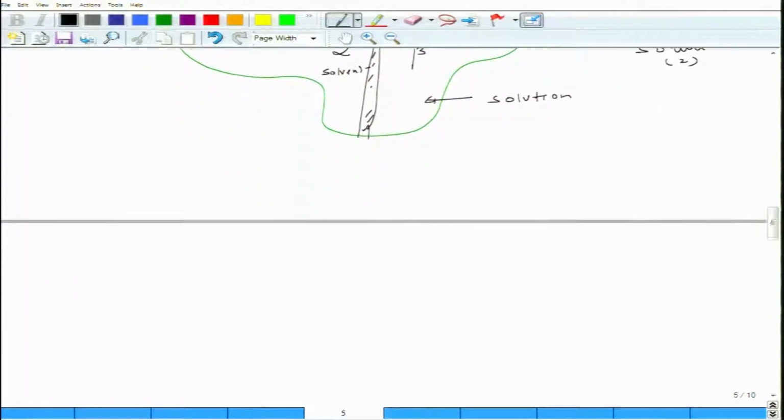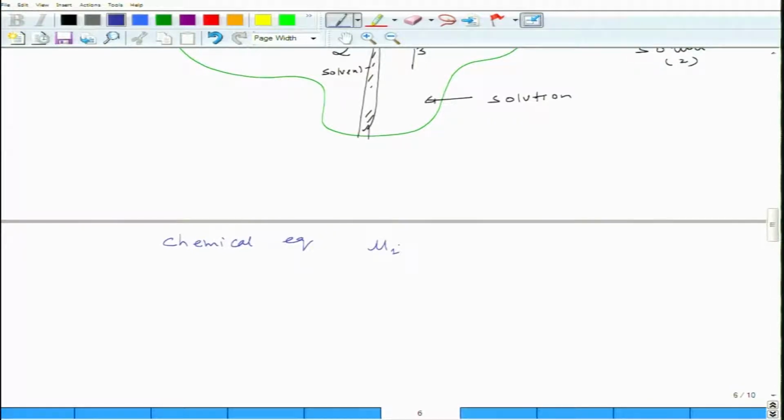Now, initially they may not be at equilibrium, but after a certain time it reaches equilibrium, and then we can consider that at equilibrium you have a chemical equilibrium condition which you can invoke.